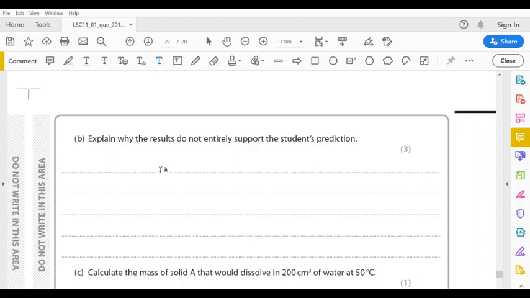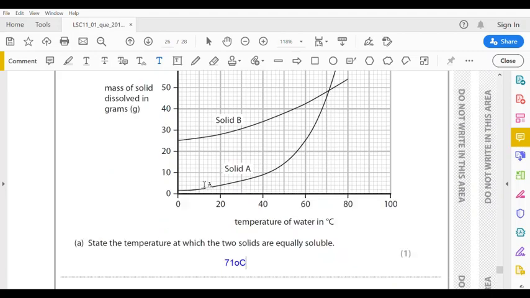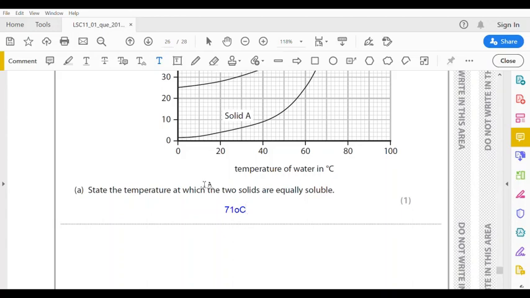Explain why the results do not entirely support the student's prediction. Solid A is gradually changing and solid B is gradually changing, but solid A is changing rapidly. That's why it's very hard to give a prediction.